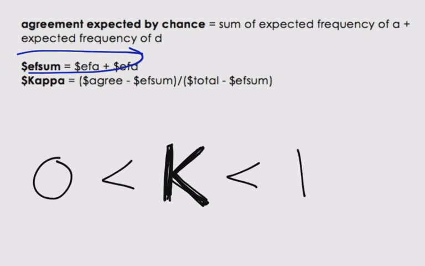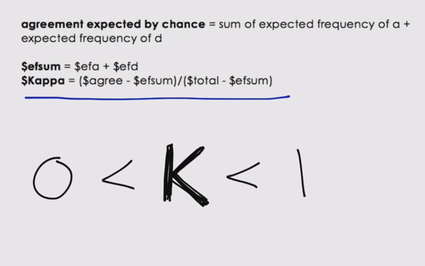So then you can take those same variables and easily have RStudio Code calculate kappa with a formula right here. And what you're going to get, if you did it right, is a value that's between 0 and 1. I guess it could be less than 0, meaning you were coded so differently that it was less than expected by chance. But that's usually pretty rare. So typically it's between 0 and 1.